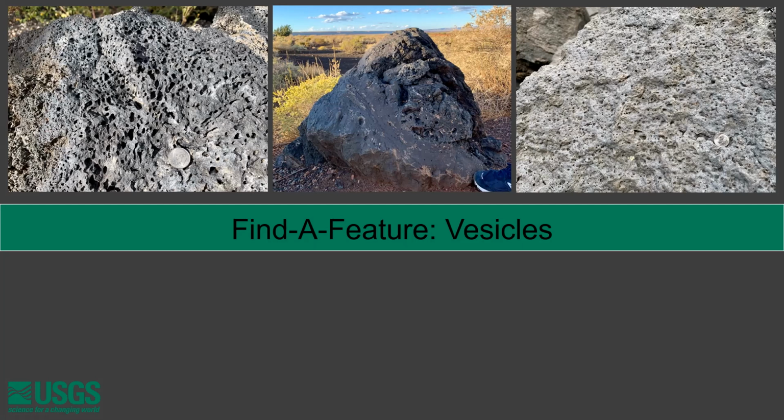So again, take a look around you. Can you find anything just by looking around your classroom or your office or your living room that might look like vesicles? What's something that might remind you of that to help reinforce these things that you're learning in the classroom?